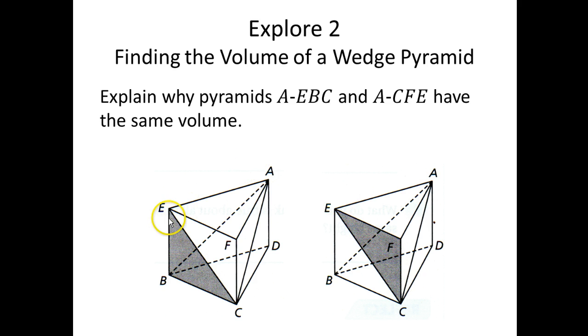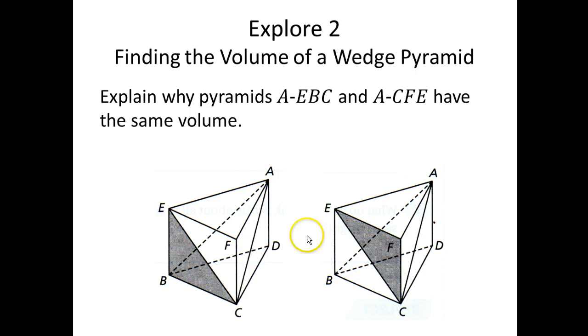So by drawing in the diagonal EC, you'll notice I've created two additional pyramids that are separate from my original pyramid ABCD. Notice I've created a pyramid AEBC, so here's the base of that pyramid I just referred to, and the pyramid ACFE. Now notice that these two pyramids are going to have precisely the same volume.